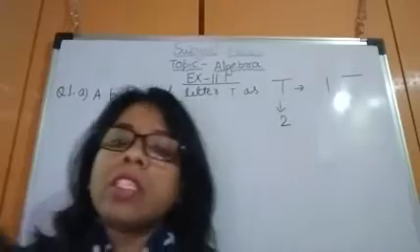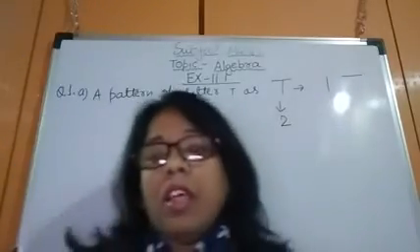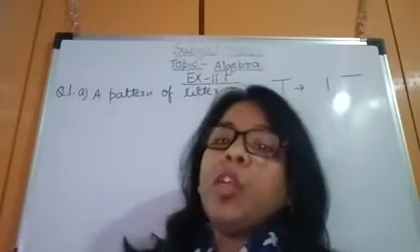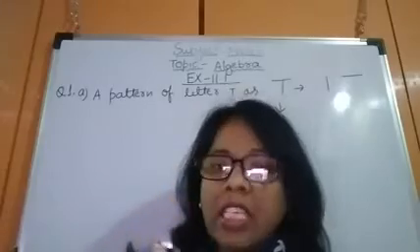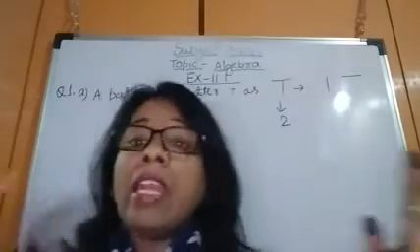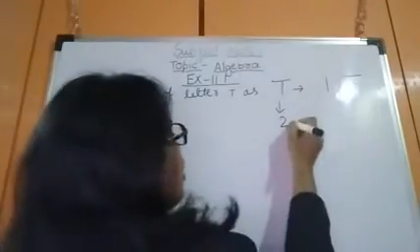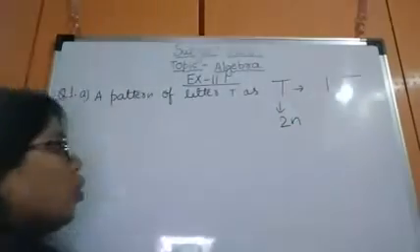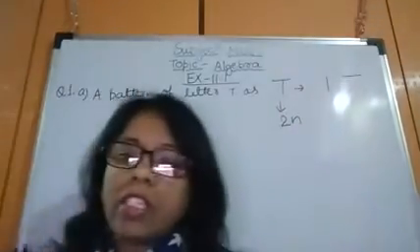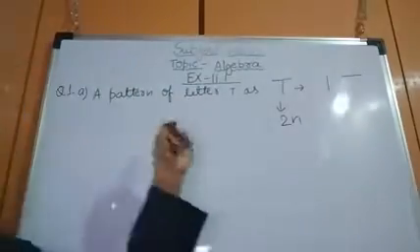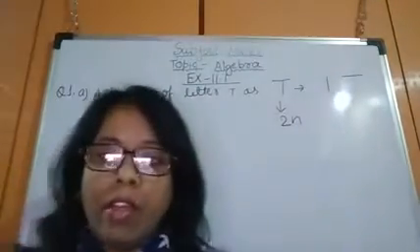Make a rule means for one letter T you have to use two matchsticks. So for n letters of T you have to use 2n matchsticks. So what is the rule? This answer is 2n. Fine.